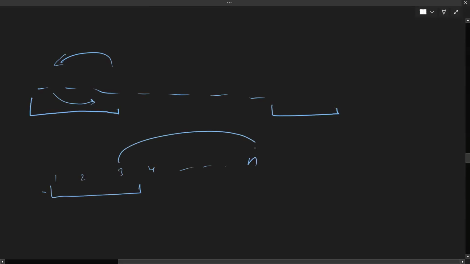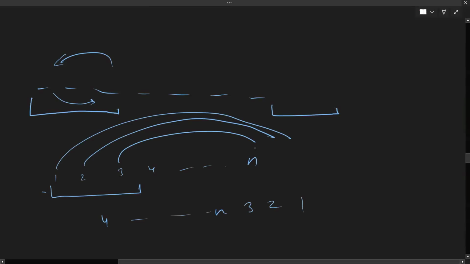Just place this 3 here, then this 2, then this 1 after this. So from 4 to n and then 3 to 1. This is what you get. So this is the operation if p is 3. I think the operation is clear. This is the long problem statement that is given: the fourth character till nth character, then third, second, and first character. So this is the p equals to 3 operation.